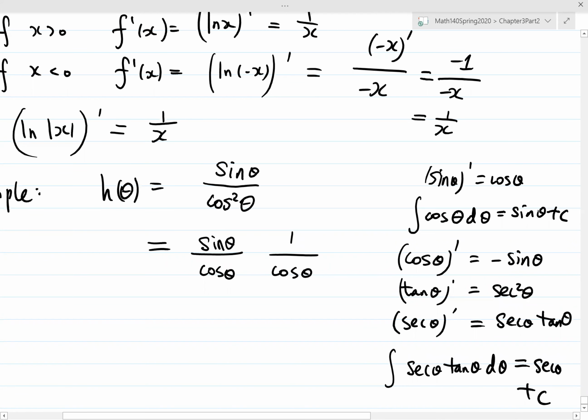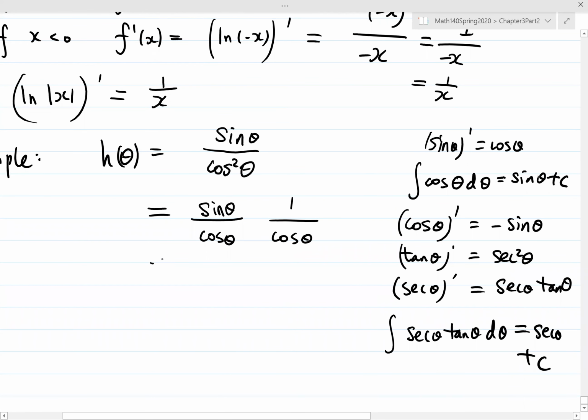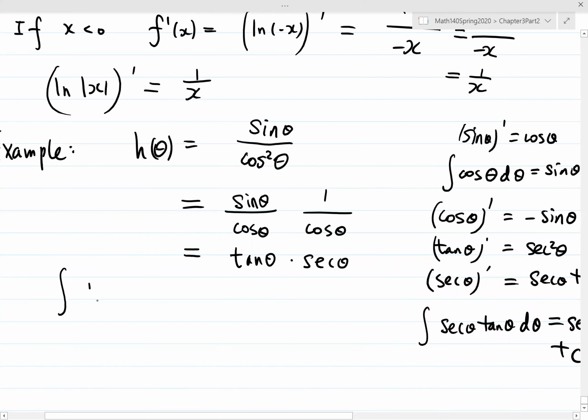Then sine theta over cosine theta, by definition, is tangent theta. 1 over cosine, by definition, is secant theta. So then the antiderivative of h(theta) will be the integral of tangent theta secant theta d theta.